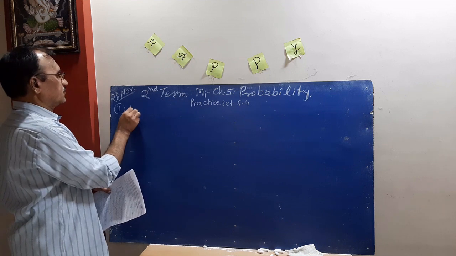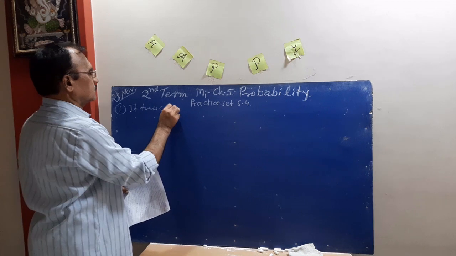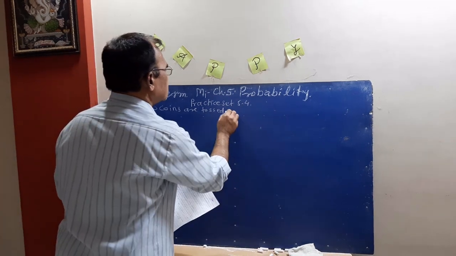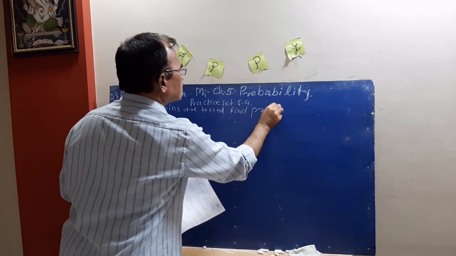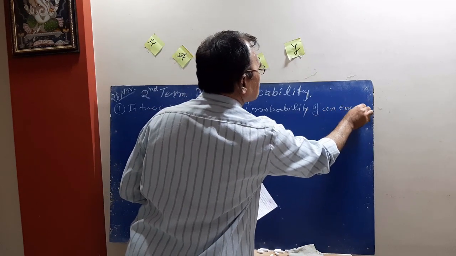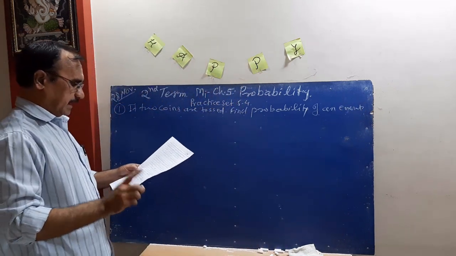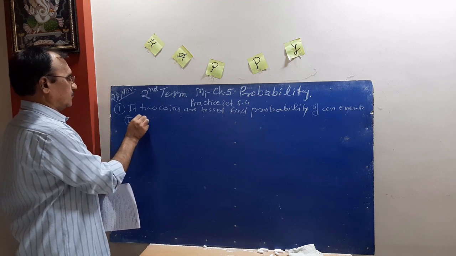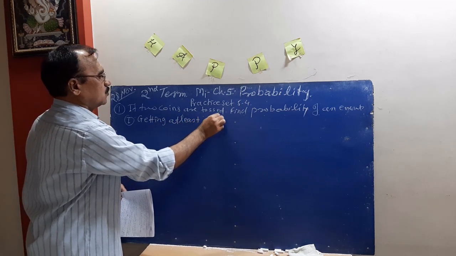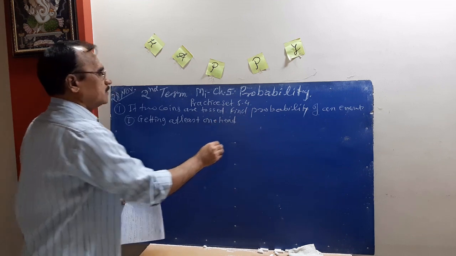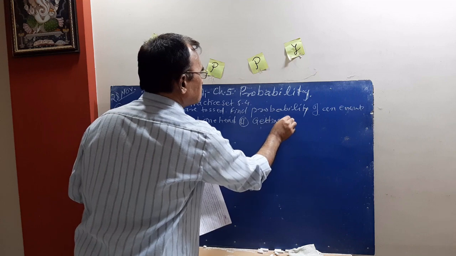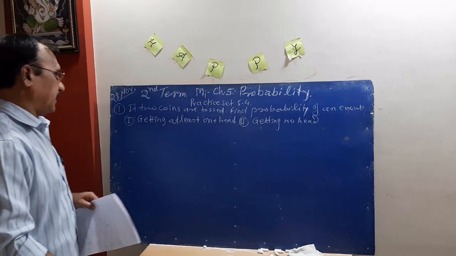If two coins are tossed, find the probability of the events. First event: getting at least one head. Second event: getting no head.